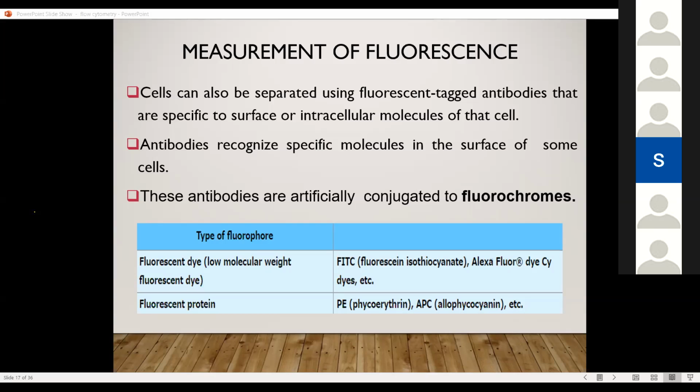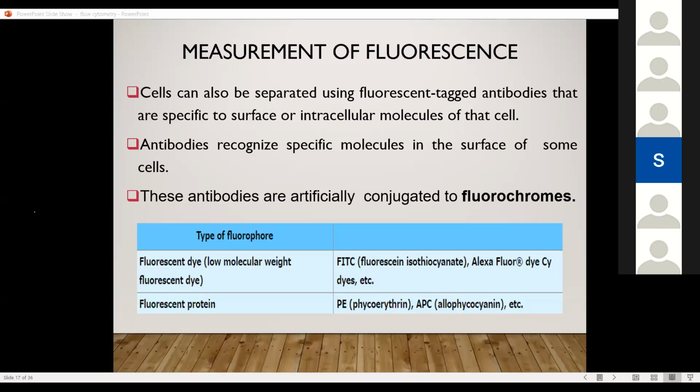Now are you able to see this picture? Still not.